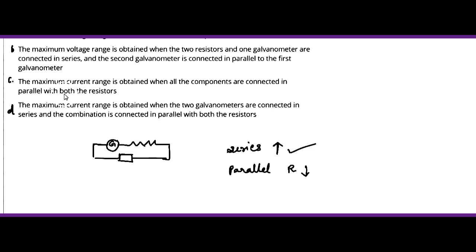Okay, let's check C and D. Here it is said the maximum current range is obtained when all the components are connected in parallel with both resistors. And option D gives the maximum current range is obtained when the two galvanometers are connected in series and the combination is connected in parallel. On the conversion of a galvanometer into an ammeter, the galvanometer is connected parallelly with a resistance called a shunt resistance.